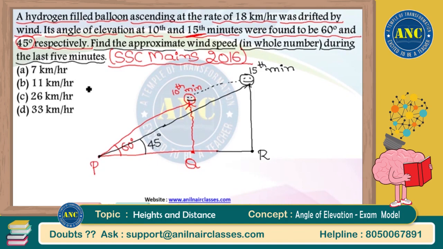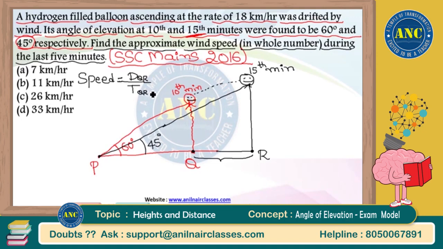Now we all know this beautiful thing known as speed is nothing but distance by time. That means distance: at the 10th minute, the balloon was at point Q. At 15 minutes, it is at point R. That means the distance traveled is the distance from Q to R, divided by the time taken from Q to R. Time taken from Q to R is 5 minutes, the 10th minute to the 15th minute.